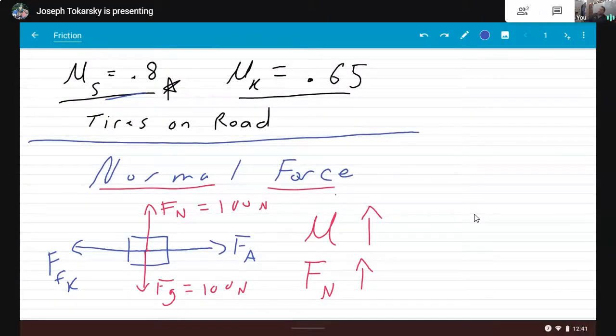How can we do that? Well, we can increase weight, and weight will increase the normal force. Maybe not at a 1-to-1 ratio, but it definitely will increase it. So this is one of several reasons why really all vehicles are front-wheel drive nowadays, if they're not all or four-wheel drive.